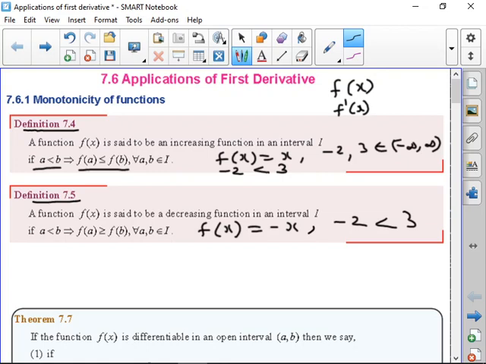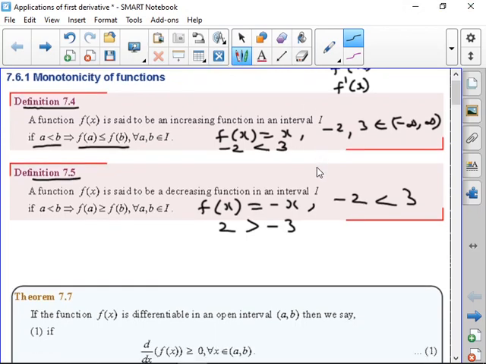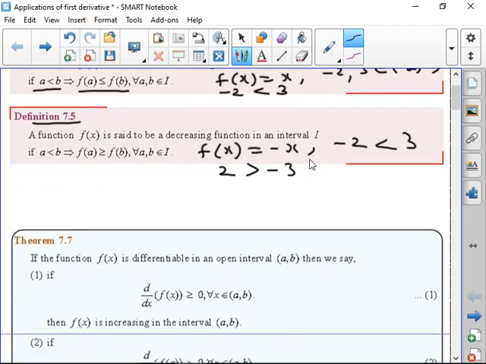But f of minus 2 is 2, and f of 3 is minus 3. So f of minus 2 is greater than f of 3. Therefore, this function is a decreasing function.